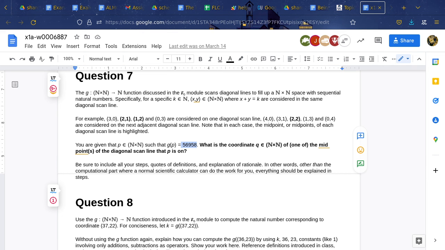That is what you're given. What we're trying to find is the midpoint on the diagonal line where P belongs. That is the question. So what tool do you use when you are given a natural number, and you just do not know which pixel corresponds to that particular natural number?